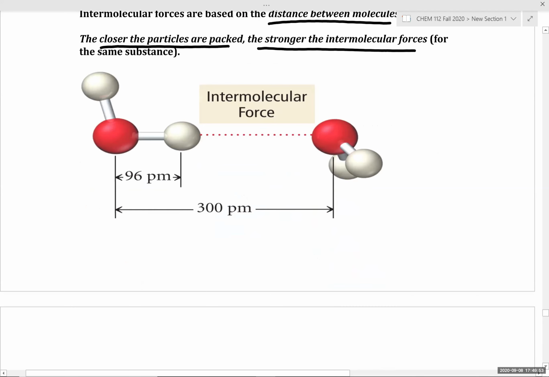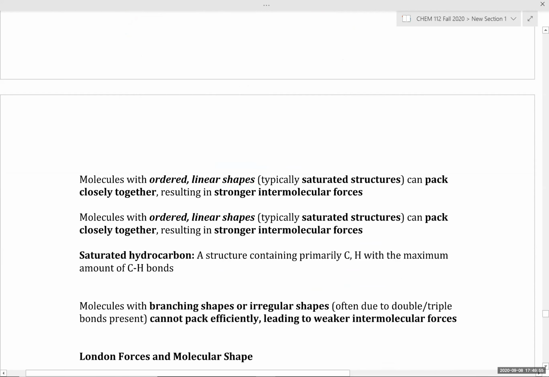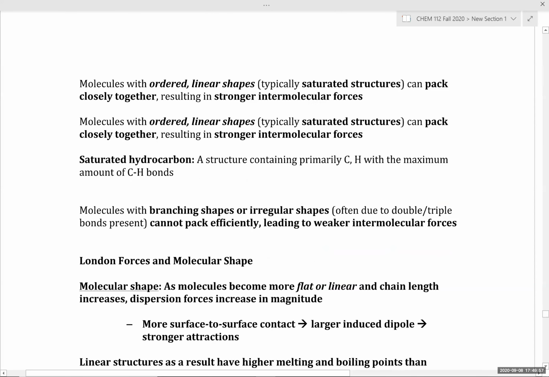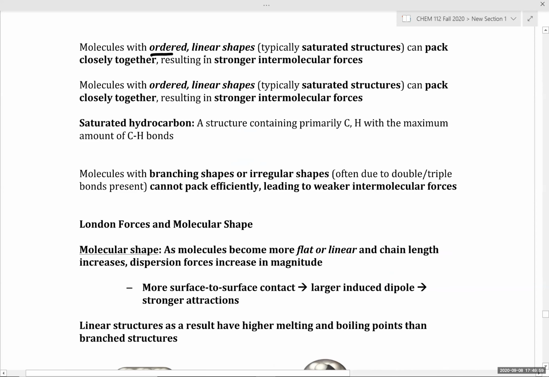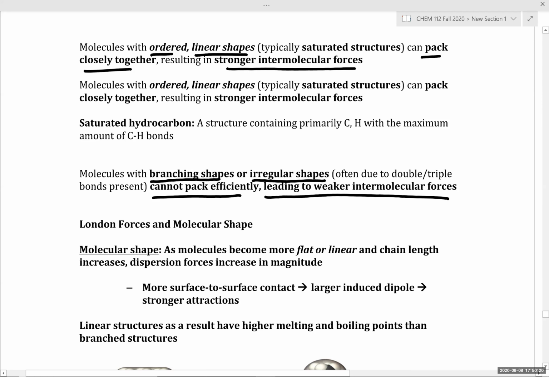So if we think about molecular shape, in general, molecules with ordered linear shapes can pack closely together, resulting in stronger intermolecular forces. So molecules with branching shapes or irregular shapes cannot pack efficiently, and in general, we see weaker intermolecular forces.